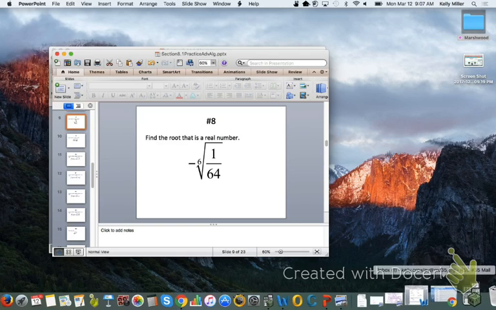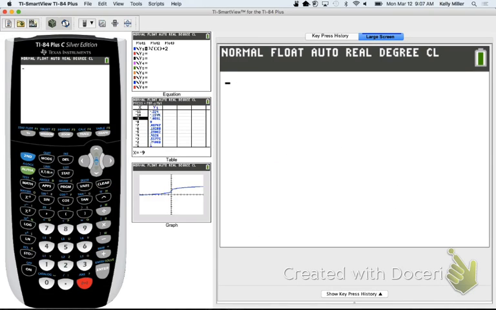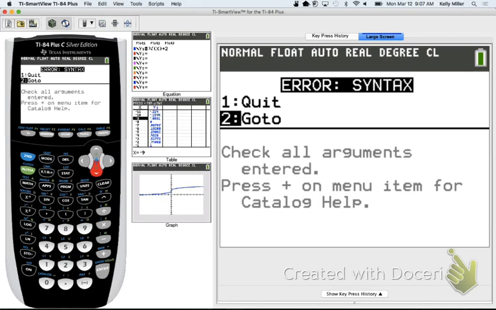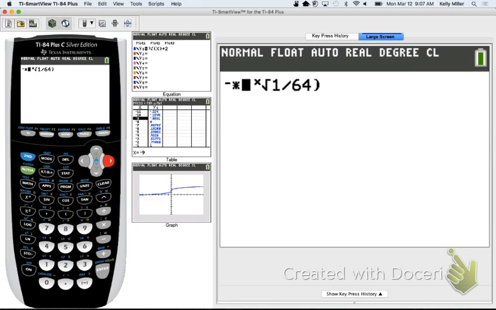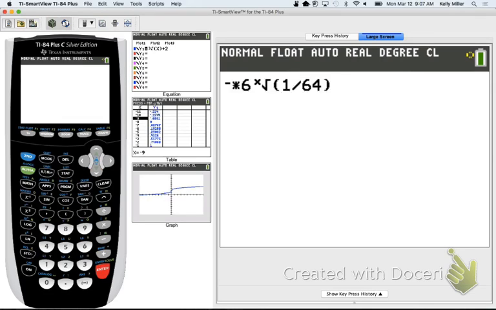On my calculator, I would do the negative times the 6th root, second, math, 5 of 1 divided by 64. Oh, I need parentheses there. There we go. What does it not like?